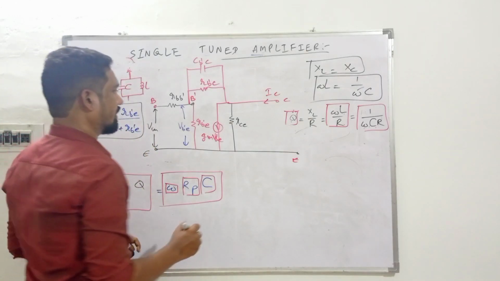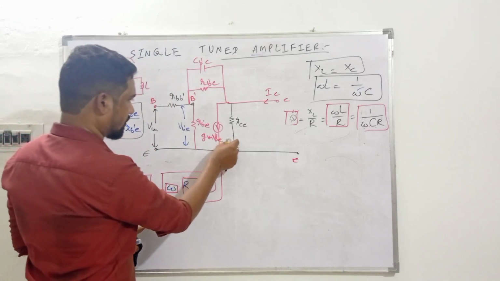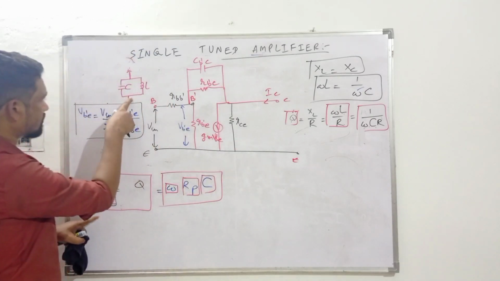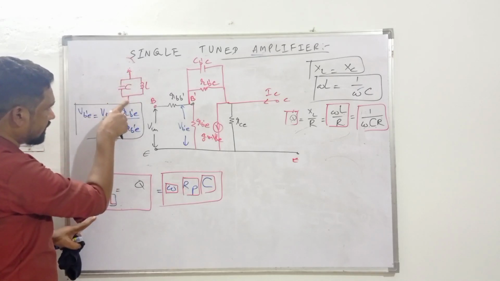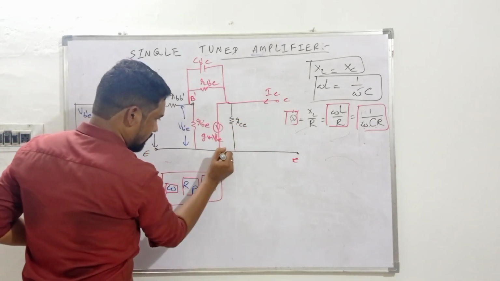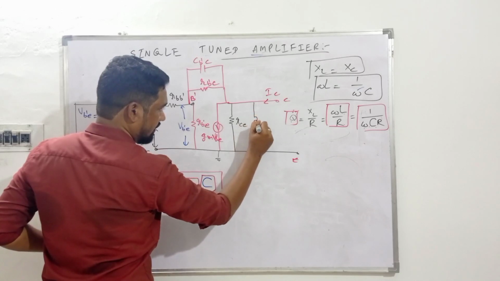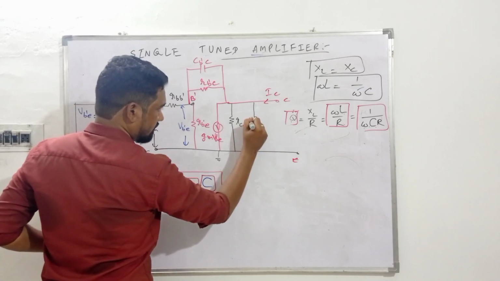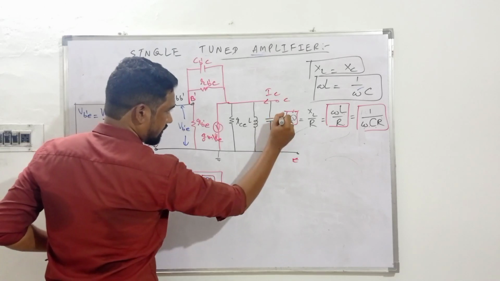And also, from the collector to the ground, since it will be grounded, we have an inductor L and capacitor C from the tank circuit.